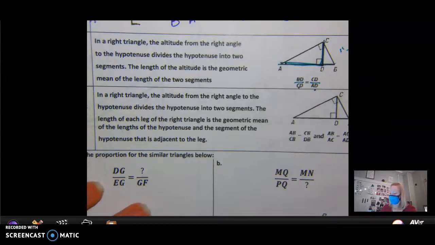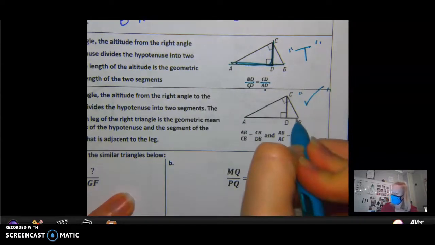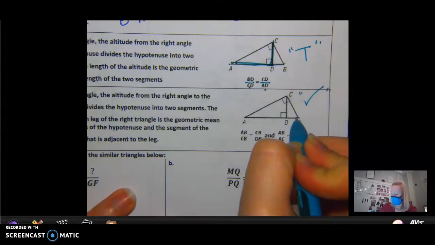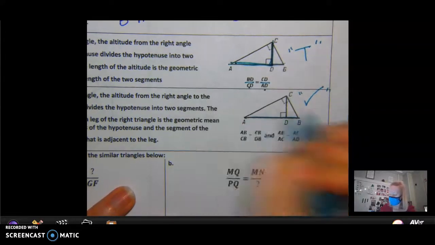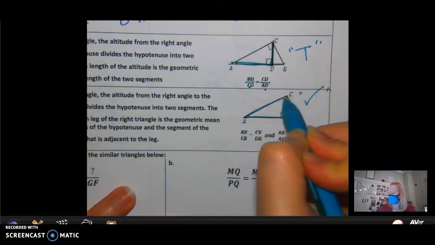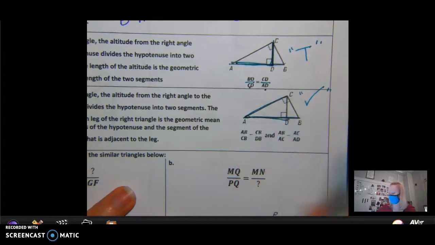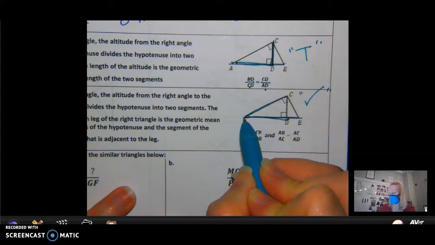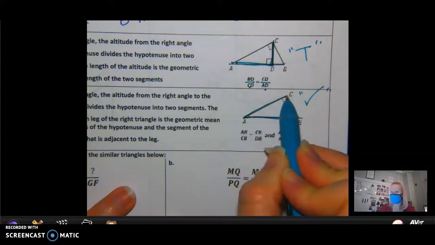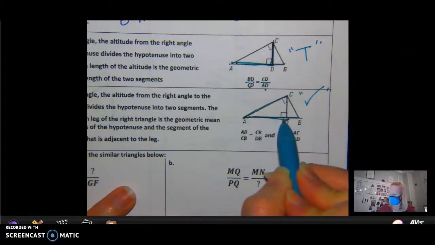Another one is called my checks, like a check mark. On this one, my long side of my large triangle over my medium side of my large triangle equals my long side of my medium triangle over my medium side of my medium triangle. So all the way across, AB over AC equals AC over AD.